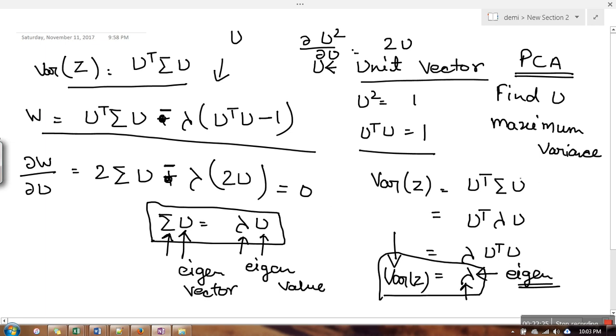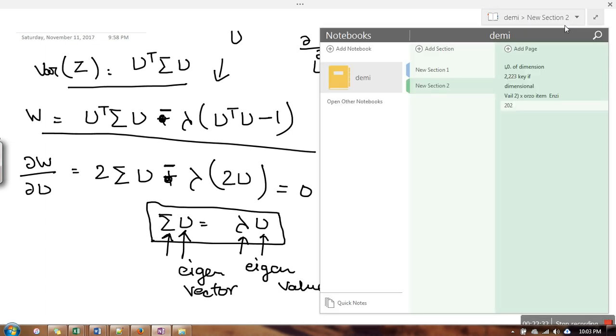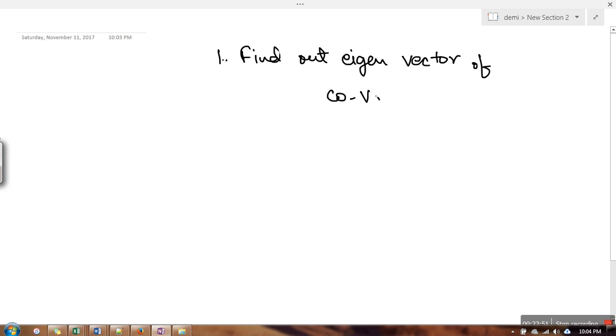So how can we find the direction? We can find the direction by finding the eigenvector of the covariance matrix. That's it.